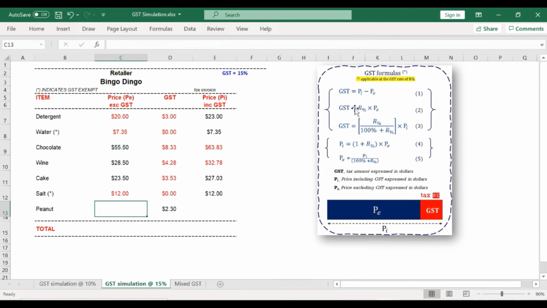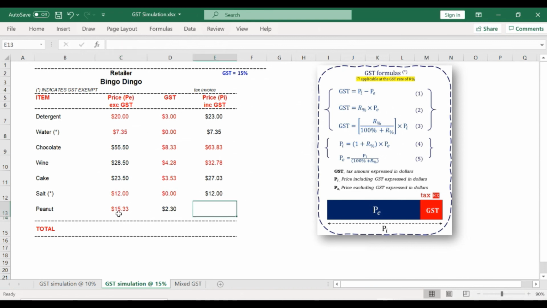So I'm just rearranging this equation. You think of PE as a ratio, which is equal to GST over the rate itself. So to reflect that, just come here and say, okay, it's the GST rate over the rate itself. So now we get $15.33.